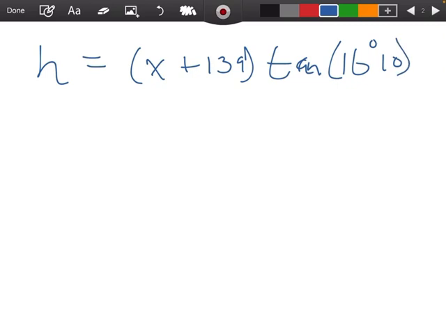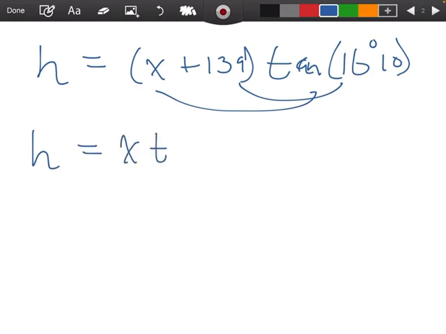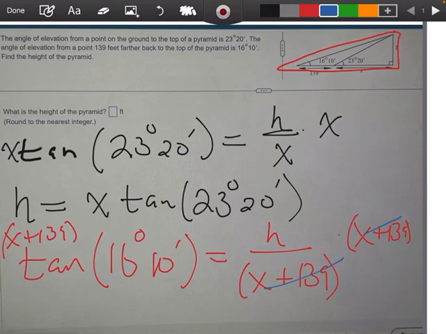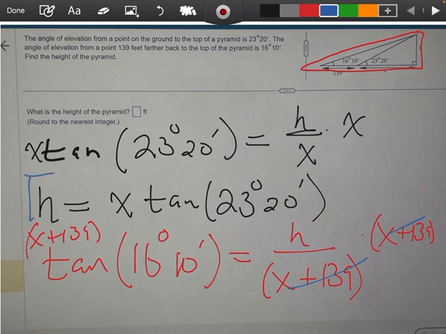And I'm going to distribute that tangent to both pieces, y'all. So I'm going to have x tangent of 16 degrees, 10 minutes, plus 139 tangent of 16 degrees, 10 minutes. Now, from earlier, we also knew that h was equal to x times the tangent of 23 degrees, 20 minutes.